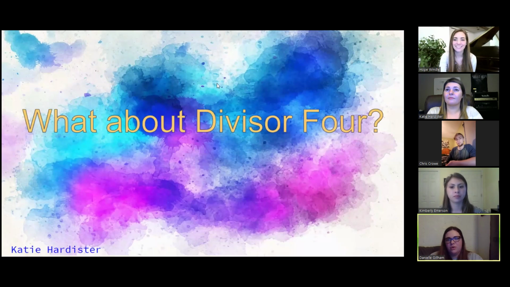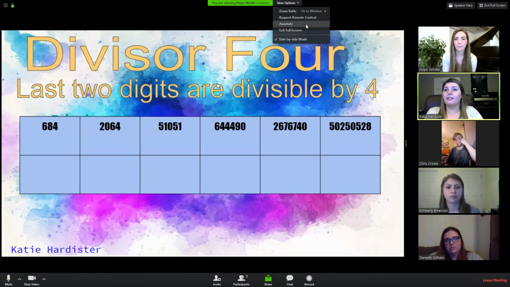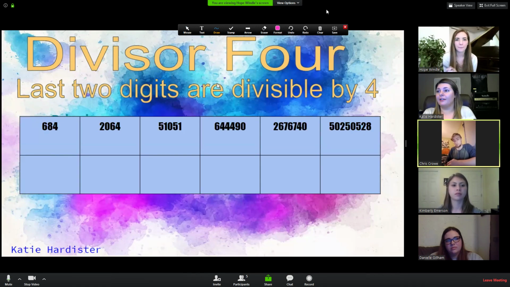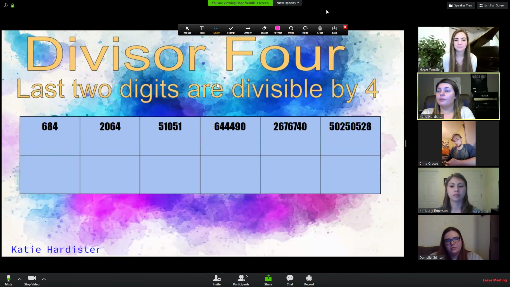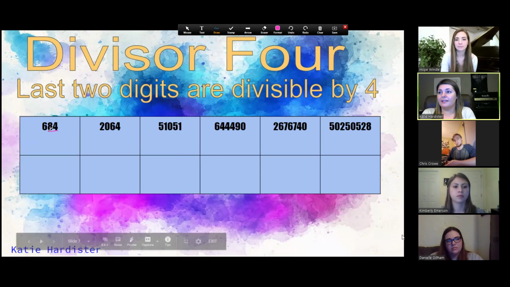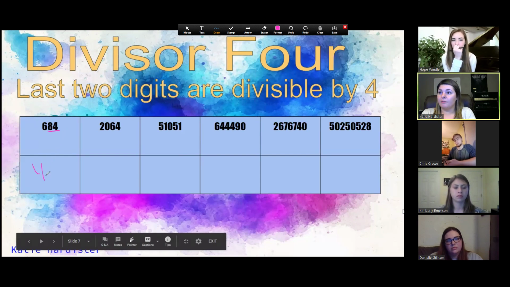What about divisor 4? With divisor 4, the rule is that the last 2 digits are divisible by 4. So in this case, 84 would be divisible by 4, so we'll put a yes here.